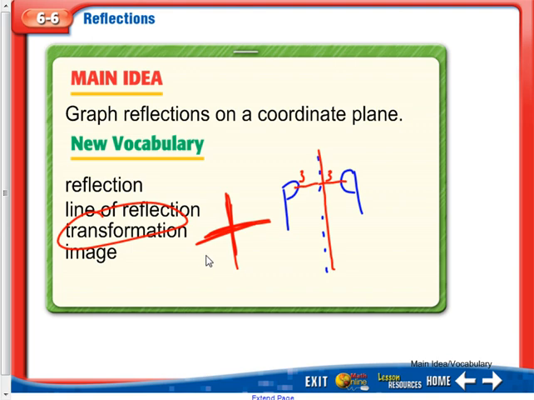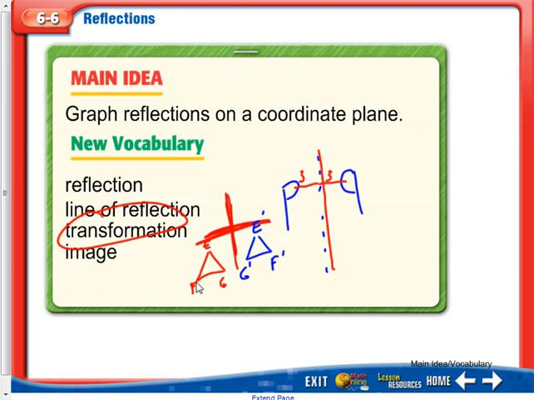So let's say, for example, we're going to reflect this triangle, and let's say the triangle is EFG. If we're going to reflect this triangle over the y-axis, then it's going to look something like this. This would be point E prime, this would be G prime, and this would be F prime.